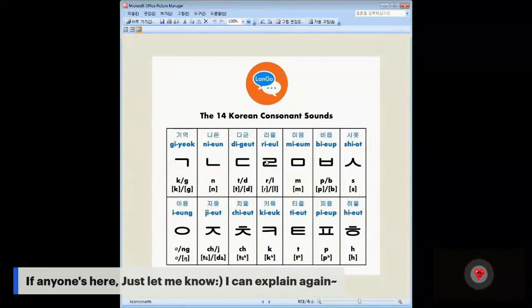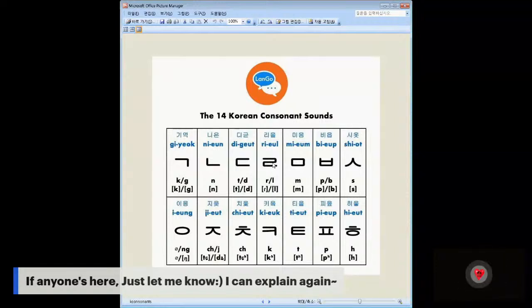And the next consonant is 리을. And it says R or L, but this one is also not exactly R or L. I think overall, the way we pronounce Korean consonants, it's more relaxed, and we don't use the muscle inside. We use just the front part of our mouth.